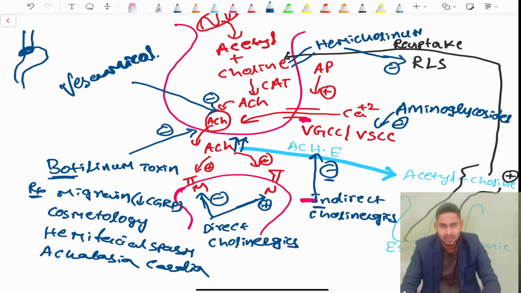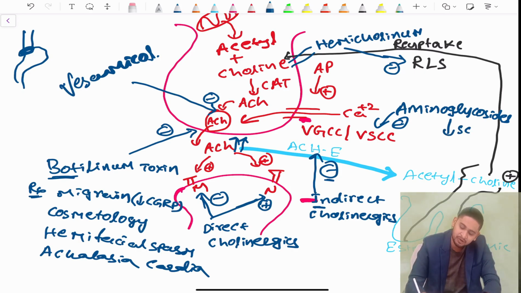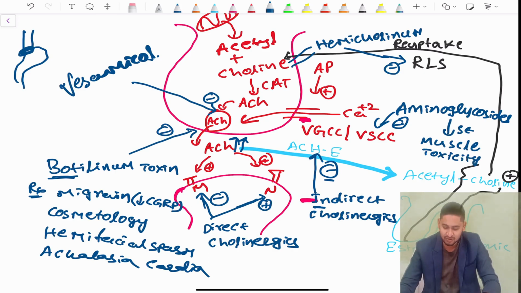Acetylcholine is very important for contraction of the muscles, so aminoglycosides, rather than facilitating release, stop the acetylcholine release. Hence aminoglycosides produce the side effect called muscle toxicity.